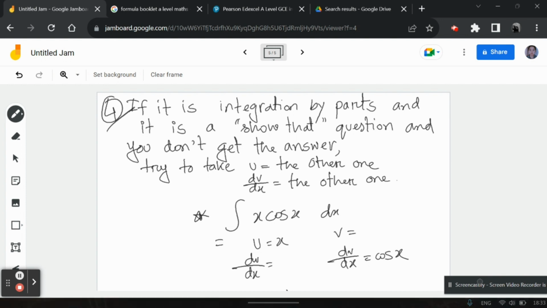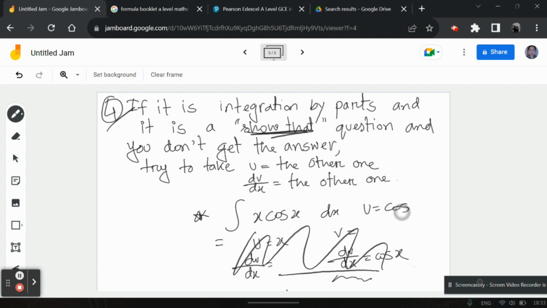So if we do this, sometimes you don't get the answer, because sometimes in a show that question, it says to find the answer and you don't get it. Then what you can do is take u equal to cos x and dv over dx equal to x. Then you can find v and du over dx.